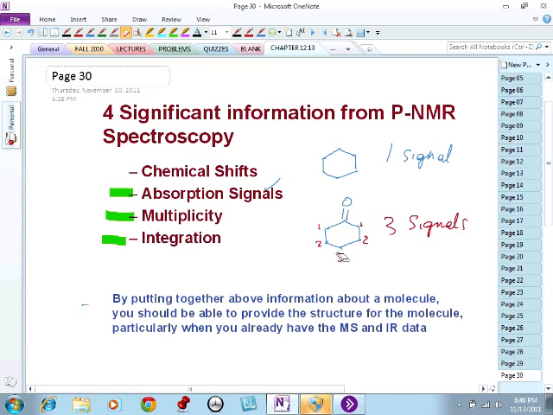So therefore, the first thing you look for, how many signals do you see? The number of signals you see tells you the number of different types of hydrogen or different types of carbon-13 you have in the molecule. Okay? The same thing we are saying for the proton also applies to carbon-13 NMR. Now, supposing I have this. Still dealing with absorption signals.